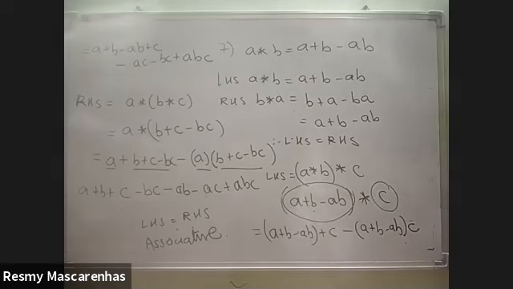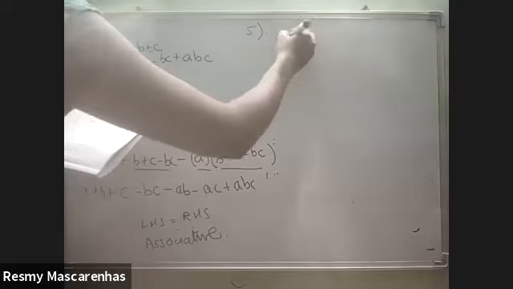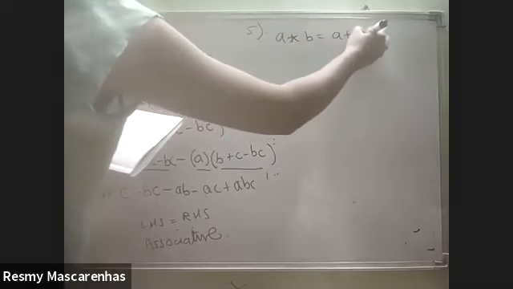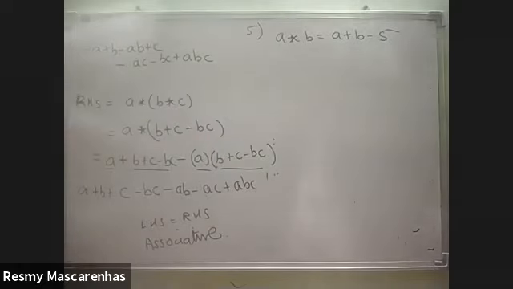Eighth one you can attempt. So fifth one will solve. Show that A star B is equal to A plus B minus 5 is commutative and associative.